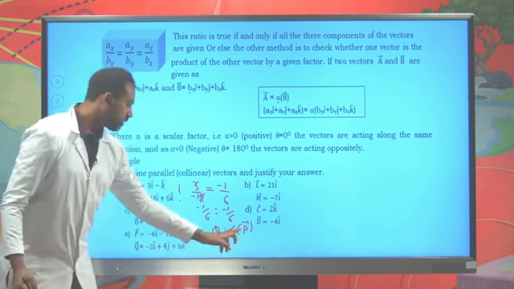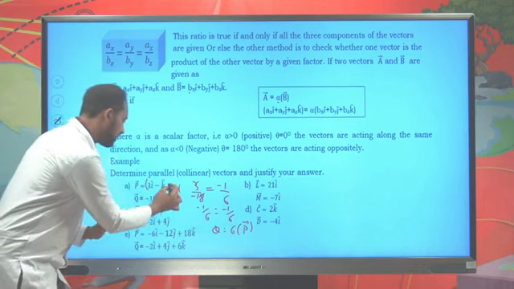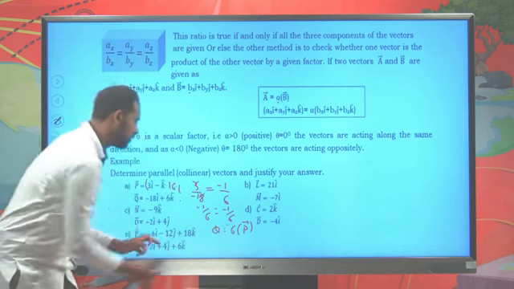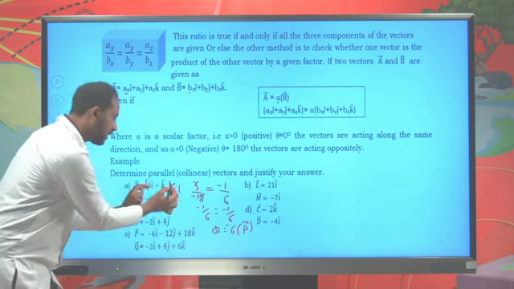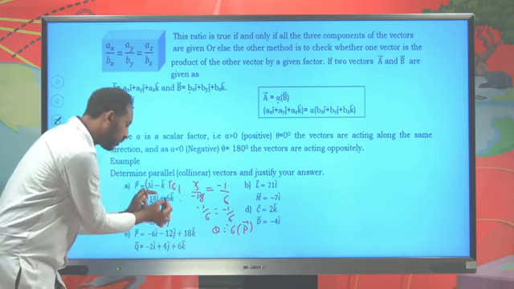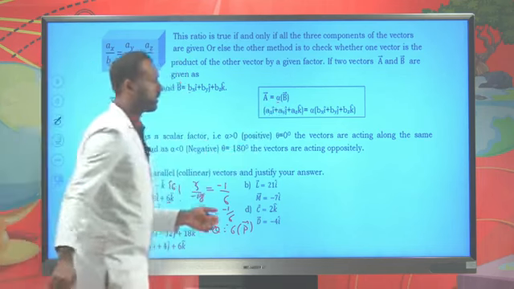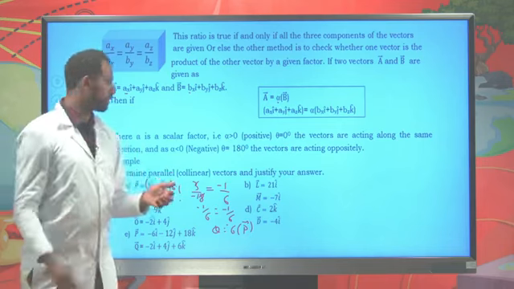When you multiply vector p by 6, 6 times 3 gives us 18, and 6 times negative 1 gives us negative 6. If you multiply by negative 6, negative 6 times 3 gives us negative 18, and negative 6 times negative 1 gives us positive 6. It's possible to say that alpha times b can tell us whether the two vectors are parallel or not.